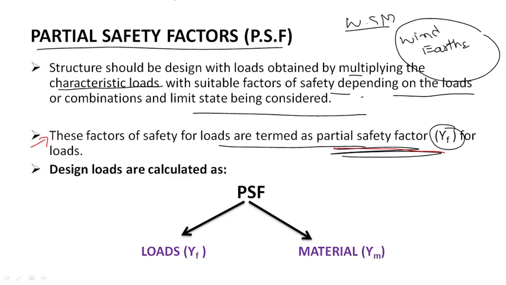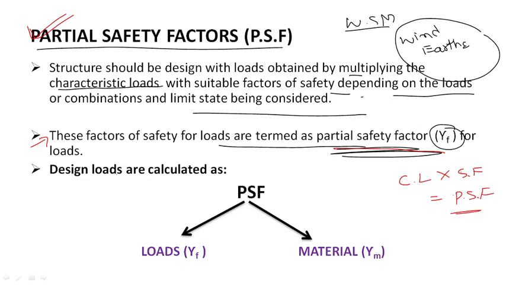So now you have understood what is meant by safety factor and partial safety factor: a characteristic load with suitable safety factors is what we call a partial safety factor. Simple.